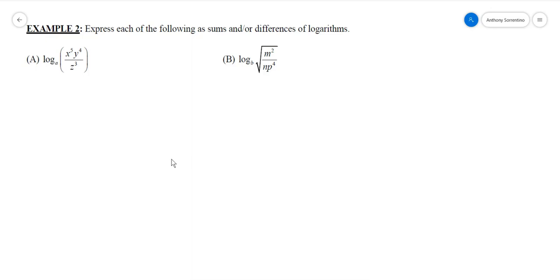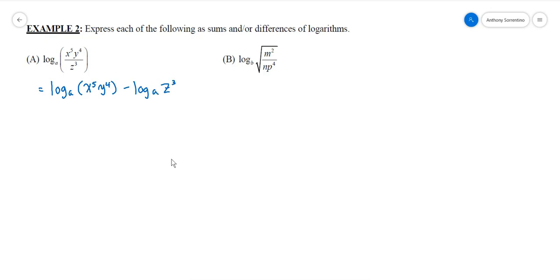According to the quotient property, applying it in the reverse of how it was presented to me, I can rewrite this as log base a of x to the fifth times y to the fourth, minus log base a of z cubed.